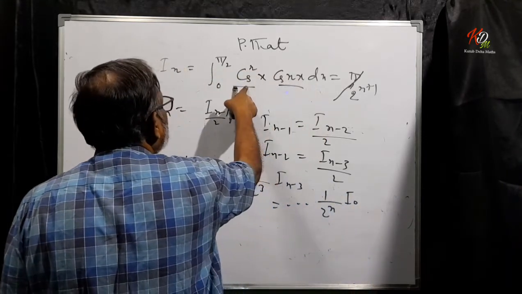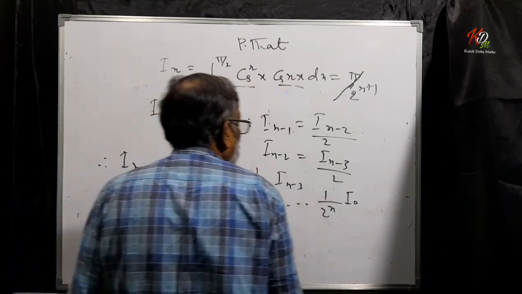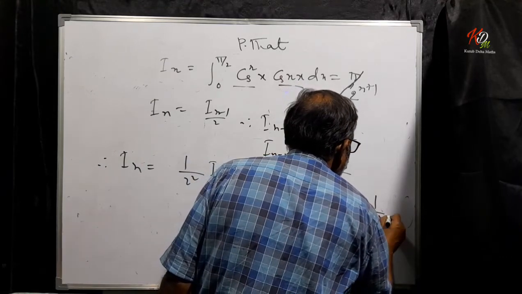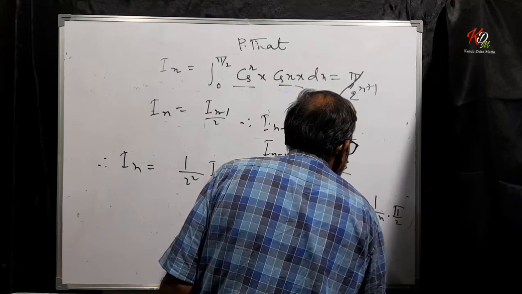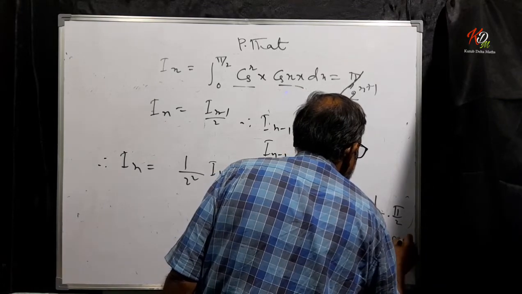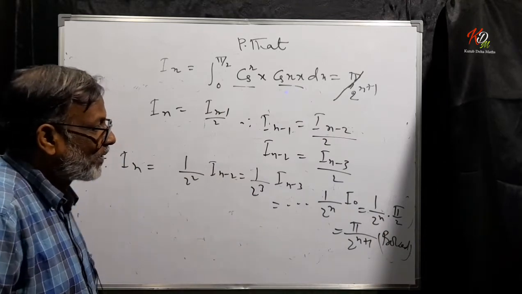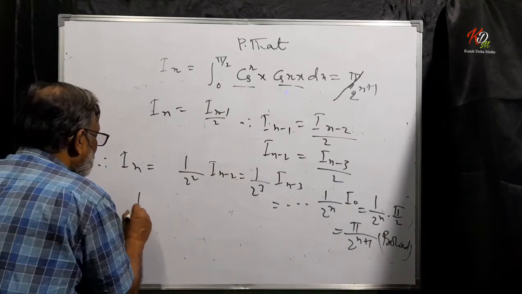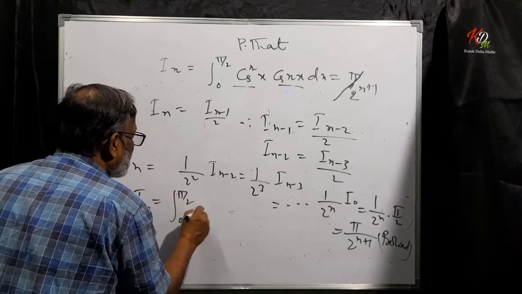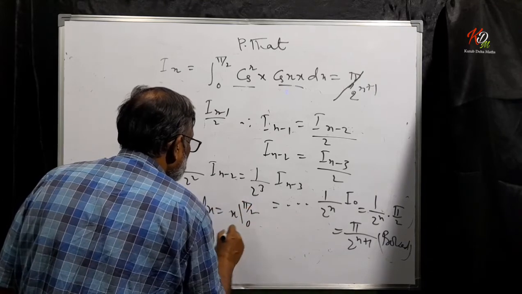I0 means cos 0 is 1, integral from 0 to pi by 2 of dx, which is pi by 2. So 1 by 2 to the power n into pi by 2, that means pi by 2 to the power n plus 1. Proved.